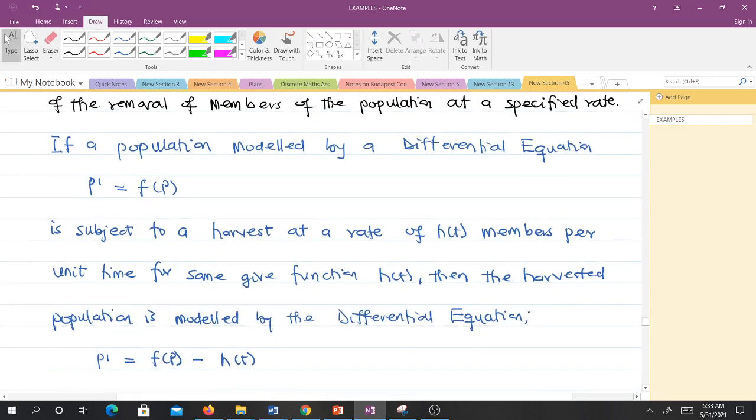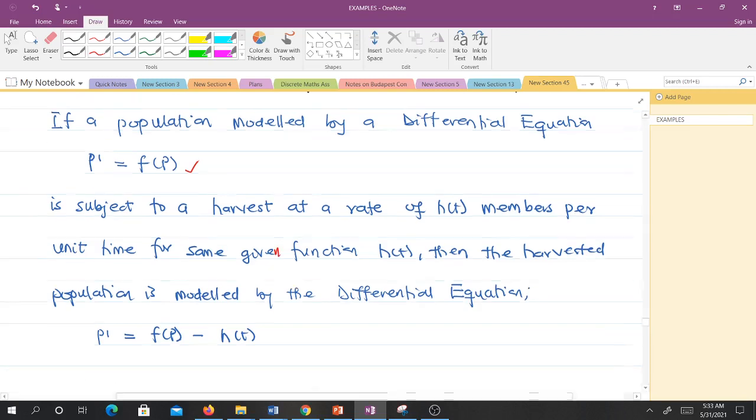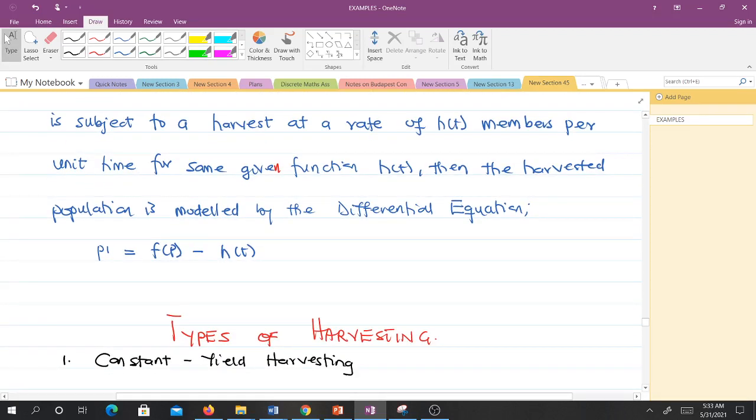If a population modeled by the differential equation P prime equals f of P is subject to a harvest at a rate of h of t members per unit time, for some given function h of t, then the harvested population is modeled by the differential equation P prime is equal to f of P minus h of t.